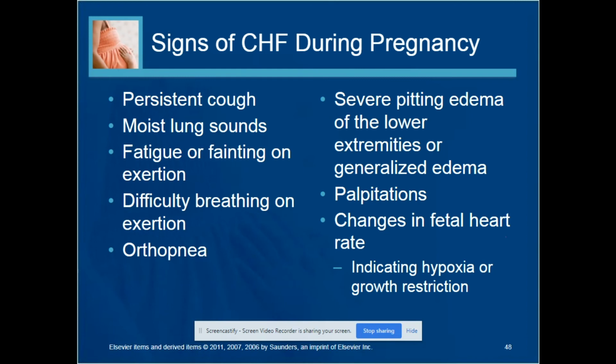Signs of CHF, congestive heart failure or chronic heart failure, depending on how old you are: persistent cough, moist lung sounds, fatigue or fainting on exertion, difficulty breathing on exertion, orthopnea, severe pitting edema of the lower extremities or generalized edema, palpitations, and changes in fetal heart rate that could indicate hypoxia or growth restriction.